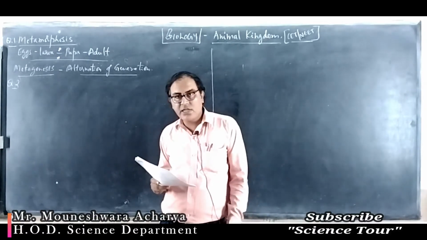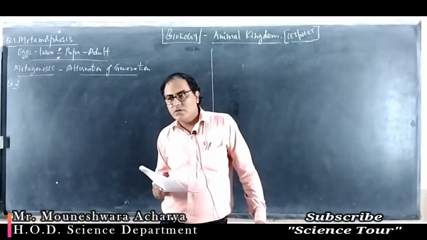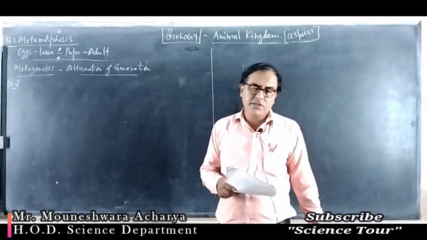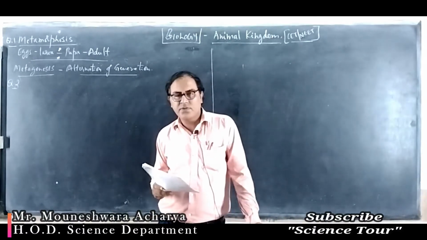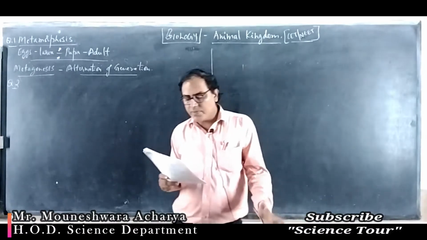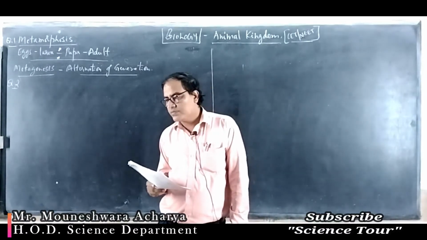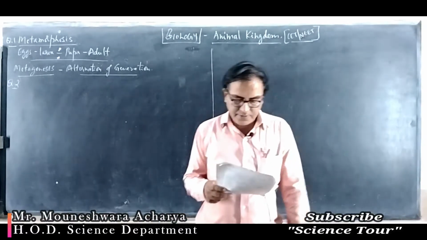Then tapeworm. Silkworm belongs to phylum Arthropoda, tapeworm belongs to phylum Platyhelminthes or flatworms. Then earthworm belongs to phylum Annelida. So all these belong to different phyla. So D cannot be a right option. So the right option is only option C.